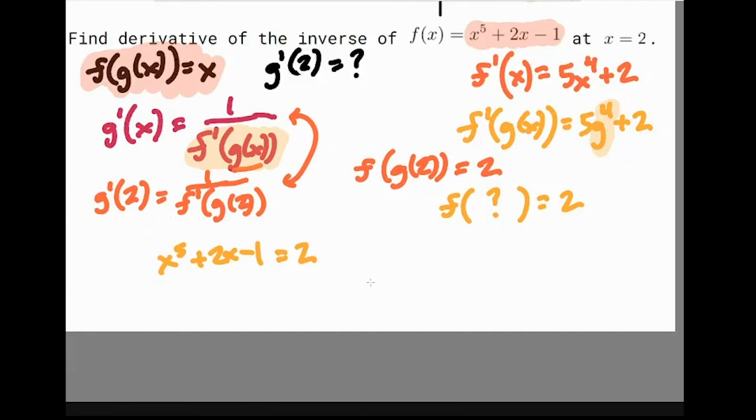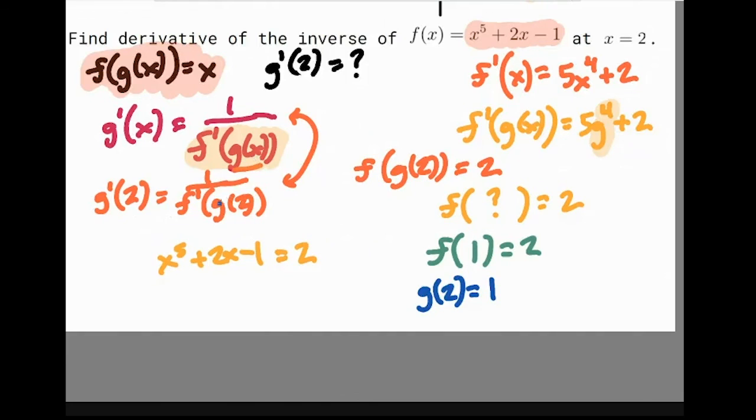Technically a human could solve any equation if they did guess and check, it just would take a year. But when this happens, try 1. If you plug 1 in there, it's 1 to the 5th plus 2 minus 1 is equal to 2. So really, f of 1 is 2. This means that g of 2 is equal to what? 1. So now g of 2 is equal to 1.